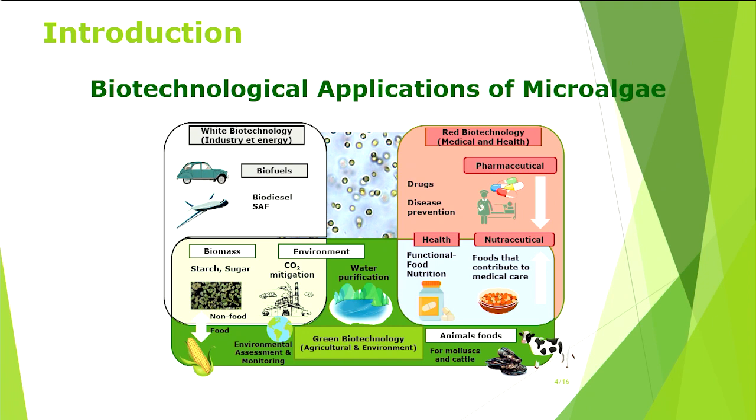In the environment we can use microalgae to fix CO2, and then we contribute to mitigate climate change. We have also other applications in agriculture, especially in aquaculture to feed fish. Also, we have red biotechnology, in pharmaceutical technology, and also in health, especially nutraceutical compounds and products for the future.